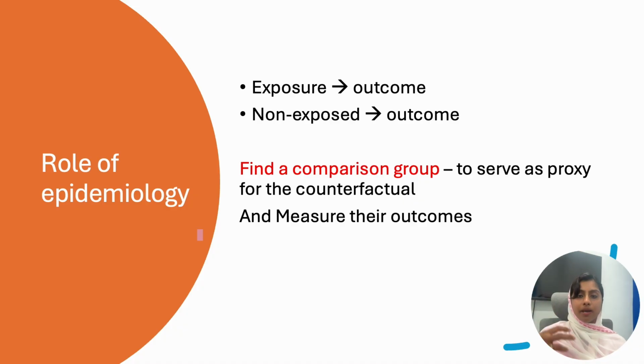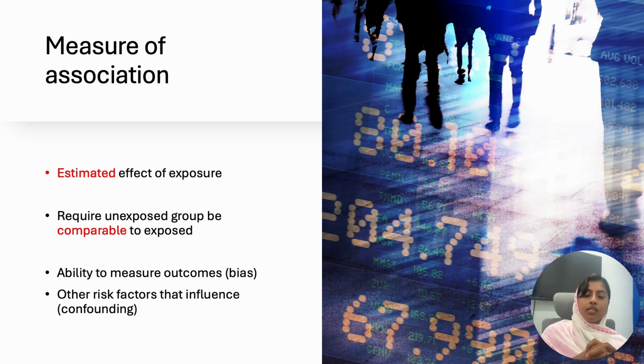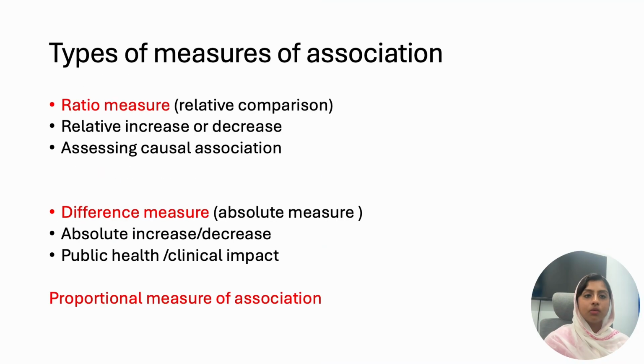So we need a comparison group that would match as a proxy for the other scenario, and this determines the measure of association. We need an ideal comparison group in order to do a very good comparative study. This is where the problem of bias and confounding can come in if you don't pick your comparison group properly. So coming to the types of measures of association, we have two main types.